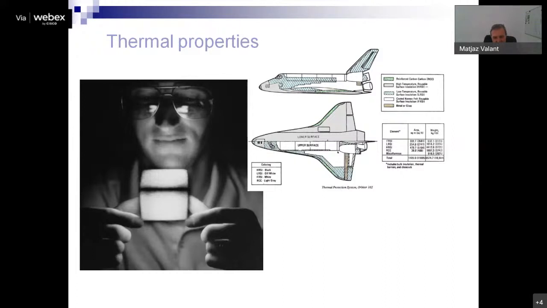So it was a big international effort to find this kind of material that can be put on the shield of the craft and thermally isolate it.